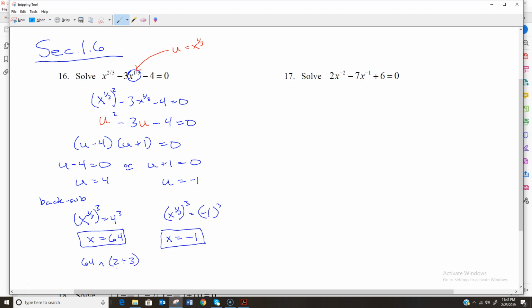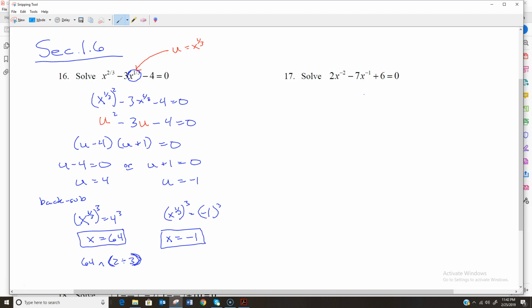And then minus 3 times 64 to the 1/3 minus 4, and you should get 0 if you want to check that. But just make sure when you do the power that you either put parentheses around this if you're going to put division, or put it to the power of a fraction and use that fraction function on your calculator.